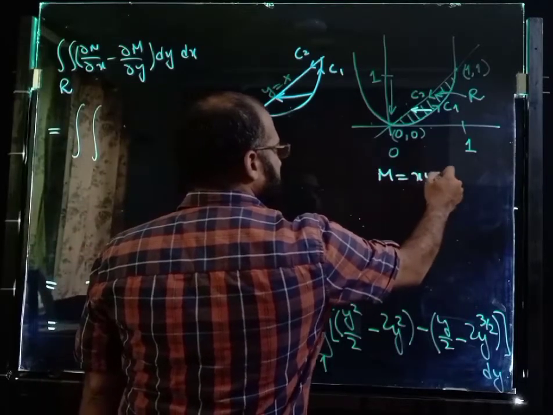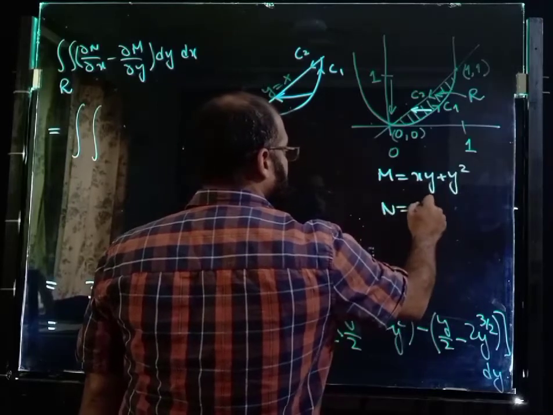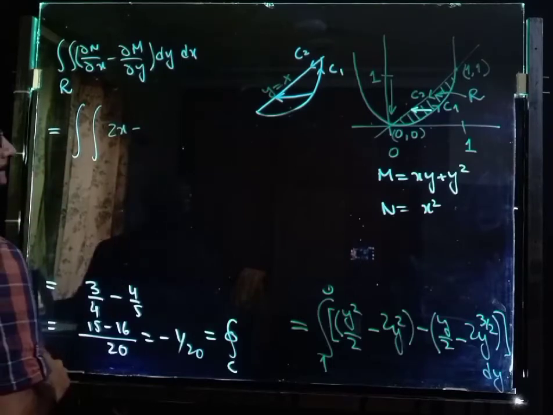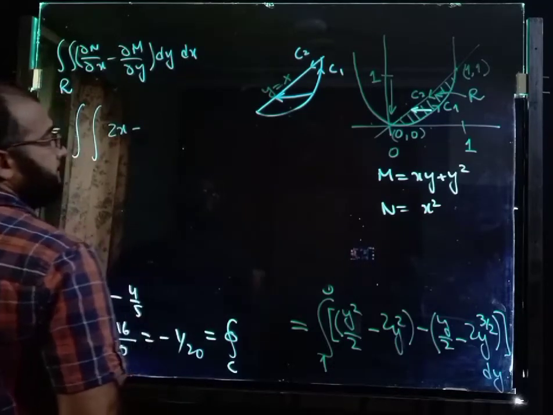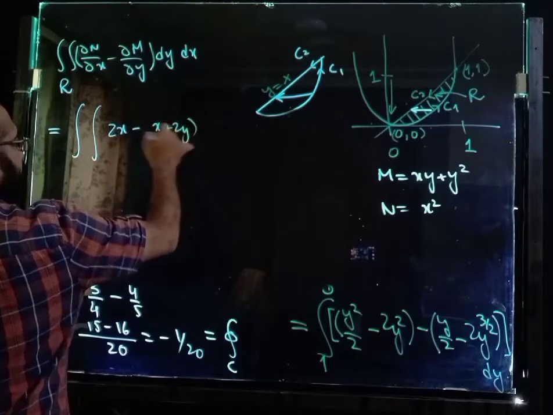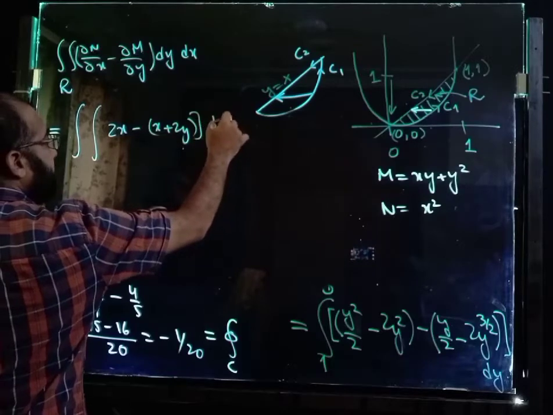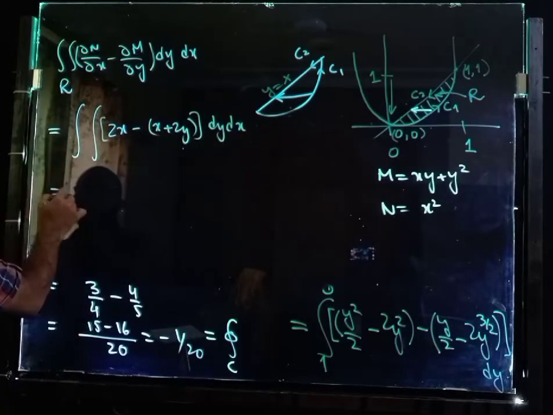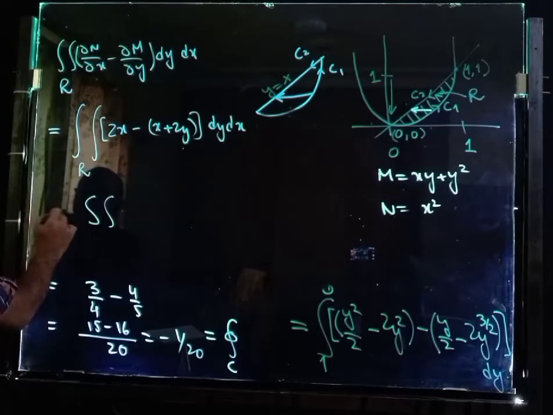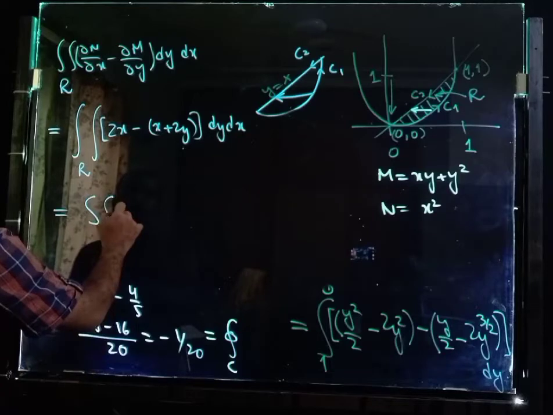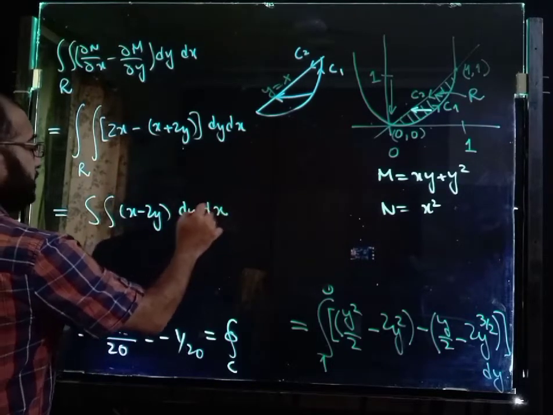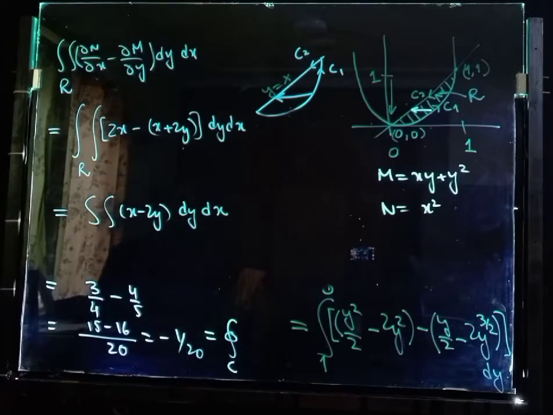M is xy plus y square and N is x square, so 2x minus x minus 2y, dy dx. What is y?